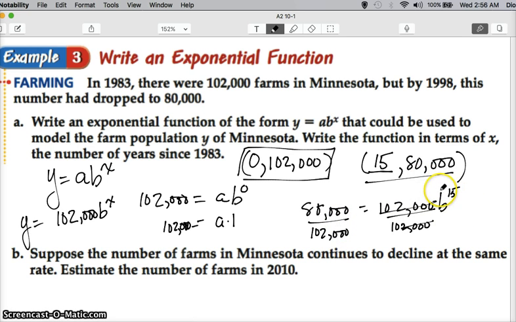Well, if you remember, we undo a power like this by taking the nth root. And in this case, we need to take the 15th root. We can do that by raising this to the 1/15th power. What I do to one side, I do to the other. I'm definitely going to plug this into a calculator.